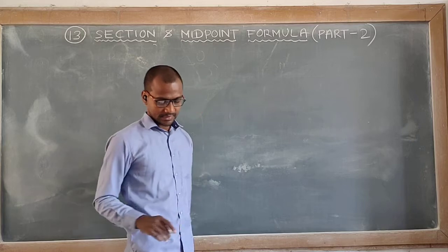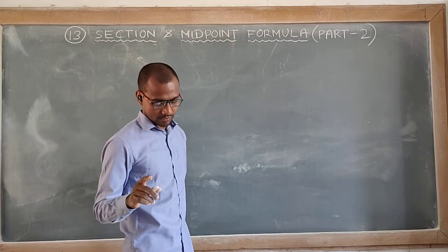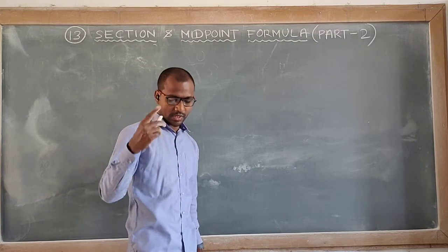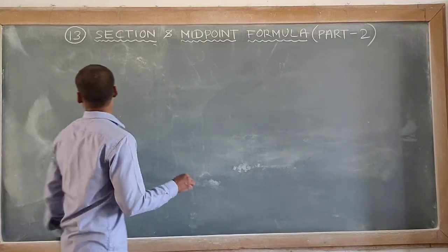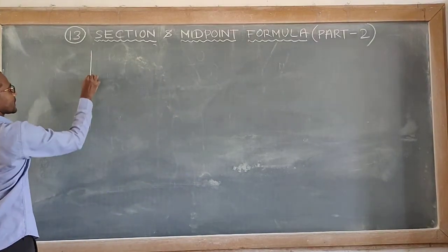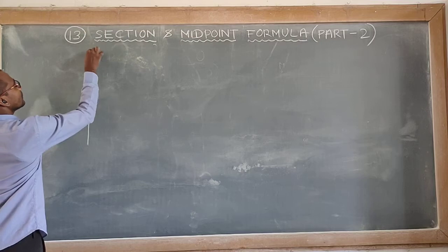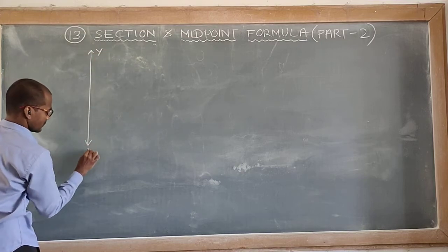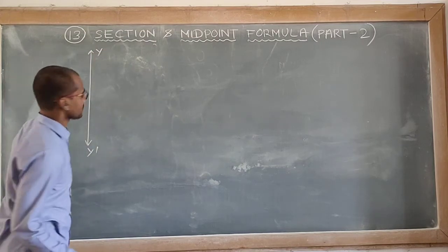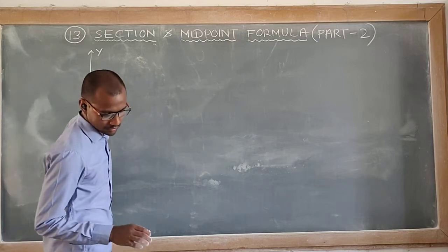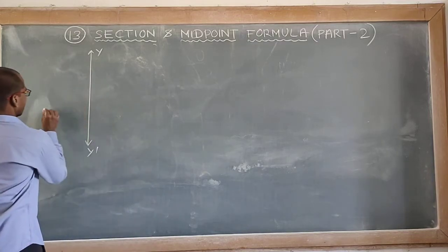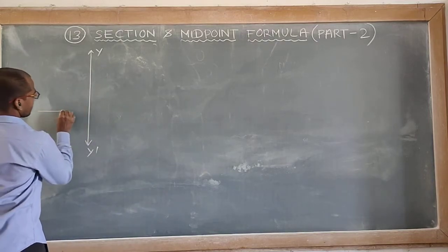There is a line segment AB which intersects the y-axis. Suppose this is the y-axis, and this is the x-axis. Try to understand.